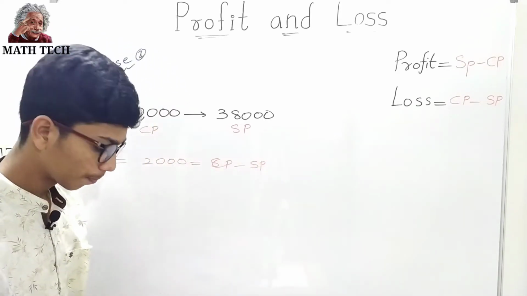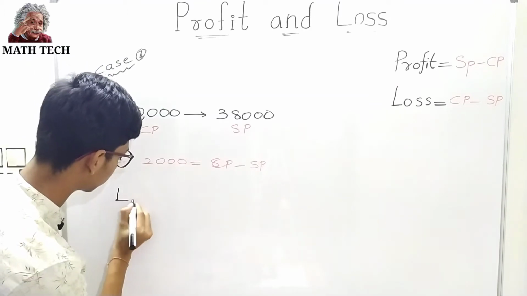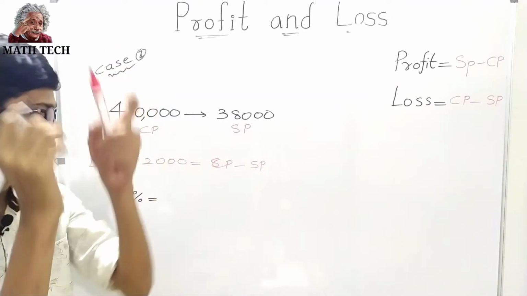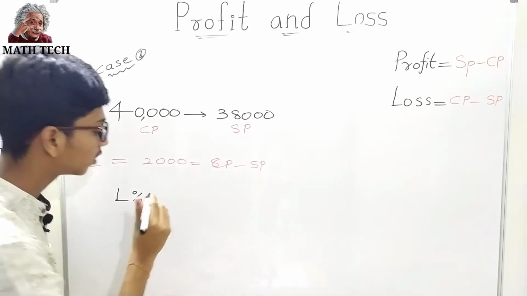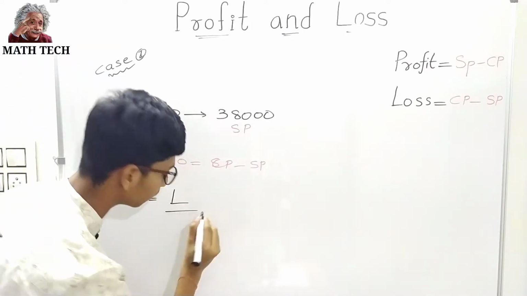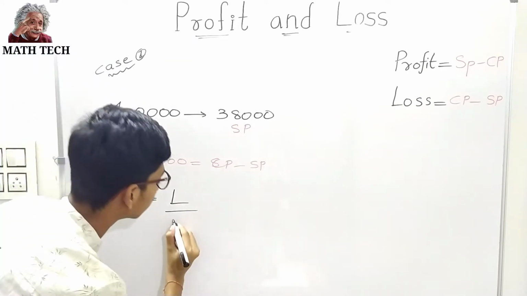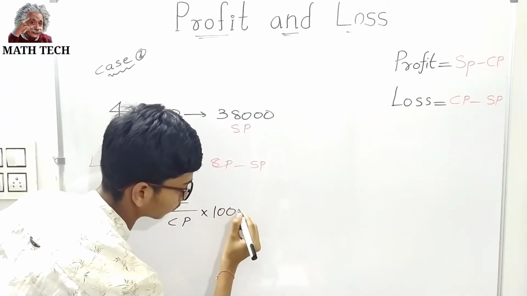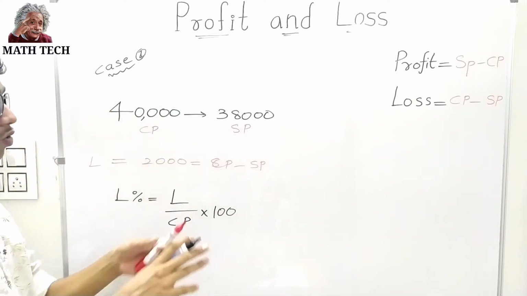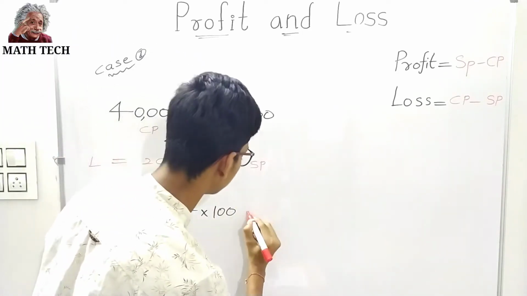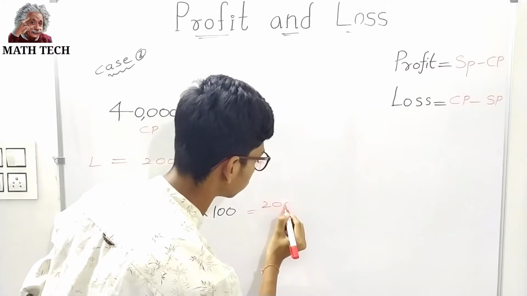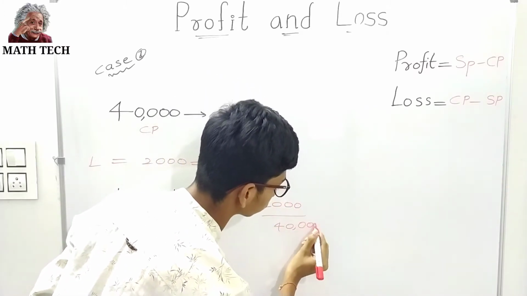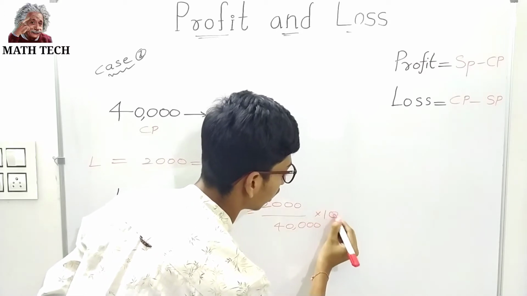Now to find the loss percentage, that is loss by CP into 100. In this case also, loss is 2,000 and CP is 40,000, into 100.